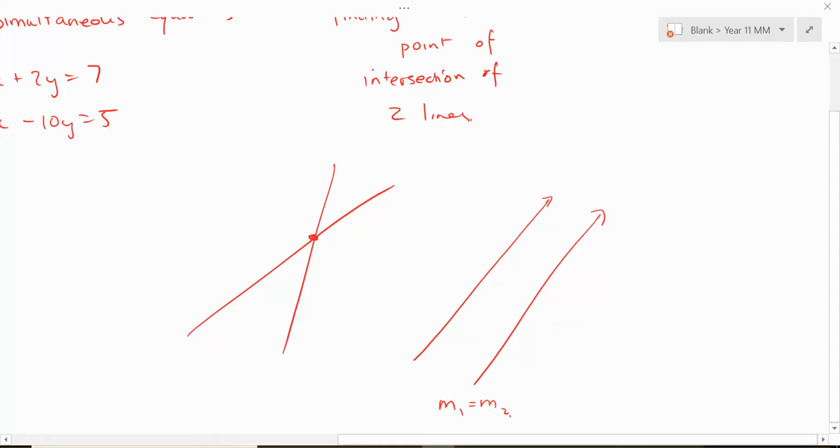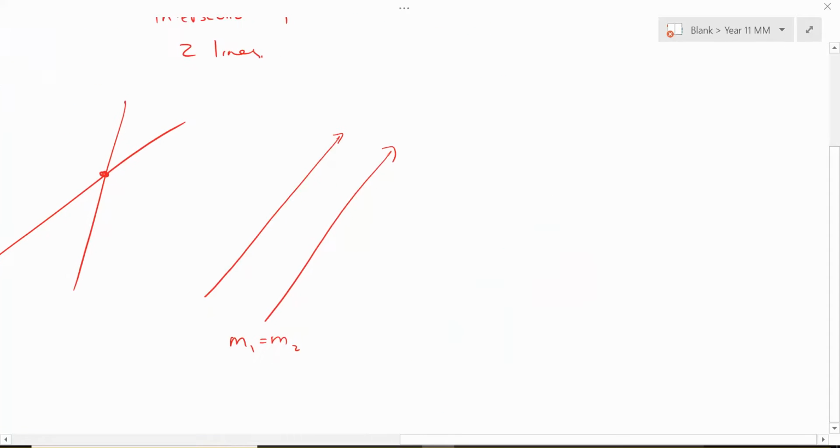No solutions, because they never intersect. Or you have two lines that are exactly the same, hence you have infinite intersections. That's why we say infinite solutions.